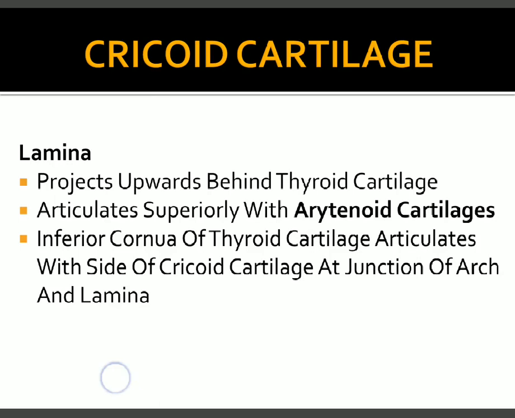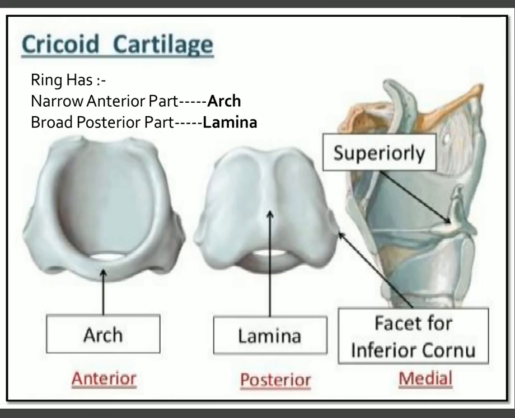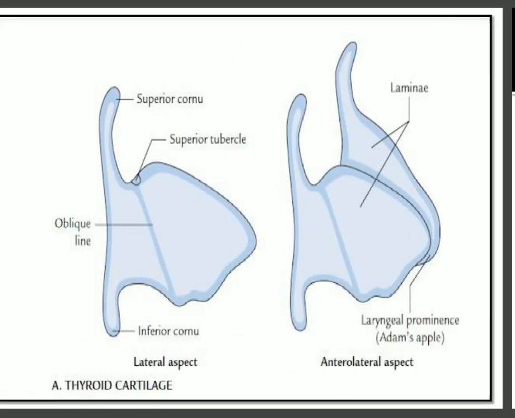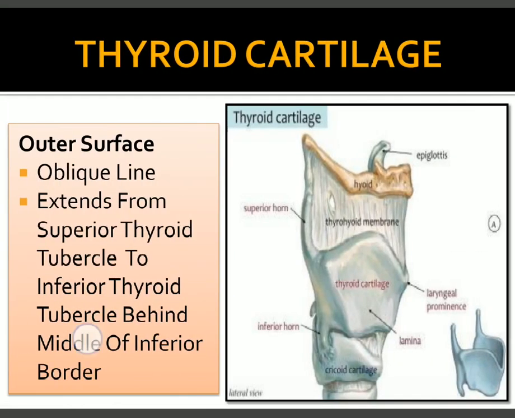The inferior cornua of the thyroid cartilage articulates with the side of the cricoid cartilage at the junction of the arch and lamina. We've already seen this. The inferior cornua articulates with the cricoid cartilage at the junction of the arch and the lamina. This would be the junction.